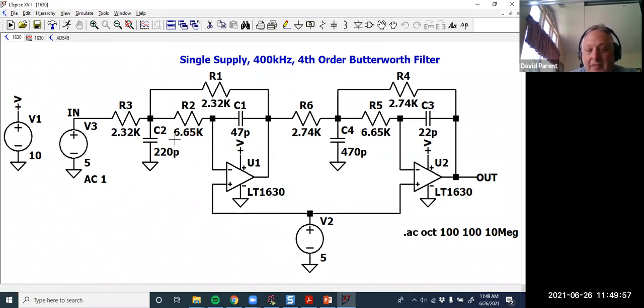Once it has that, it replaces this with a network of a gain stage and various capacitances, or a transfer function, and goes from there.